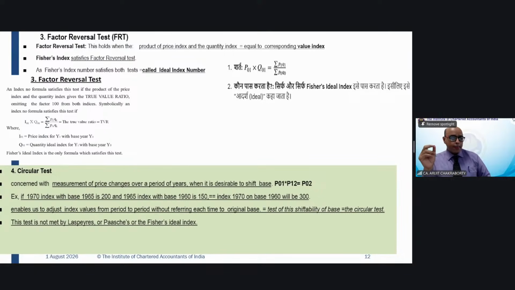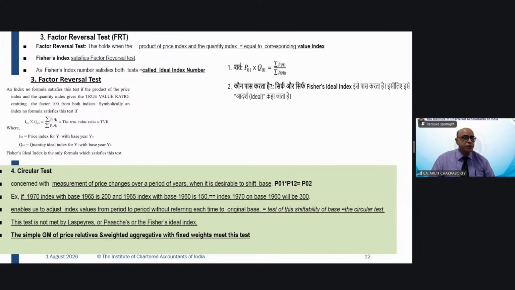So therefore, if 1970's index with respect to 1960, that means now we are linking year 2 with year 0, comes to 300, that means if it is a product of these two individual indices, then we will say that the circular test is passed. This test of circular, none of the usual index numbers, Laspeyres index, Paasche's index, and Fisher's index will satisfy the circular test.